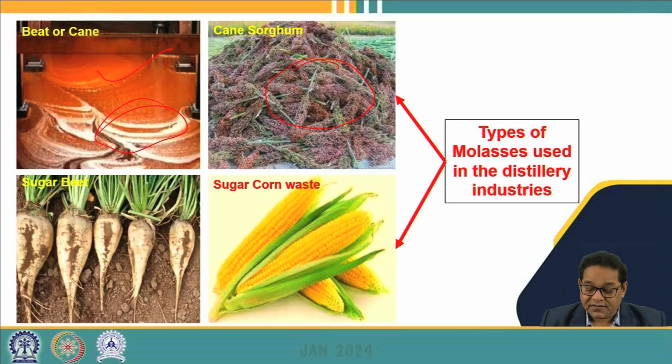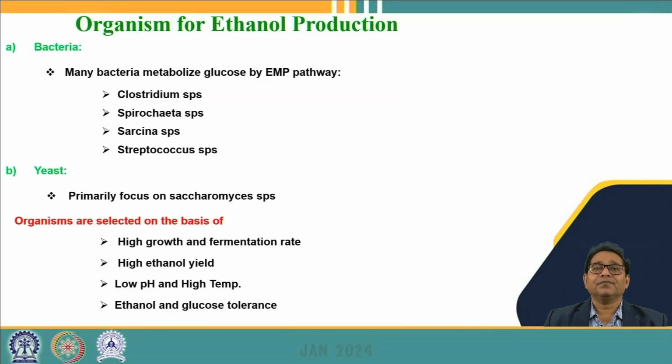This is a photograph of sugar beet, which is grown and has a very good content of sugar. And this is sweet corn, which contains a lot of sugar, and it can also be used as one of the raw materials for fermentation of alcohol.